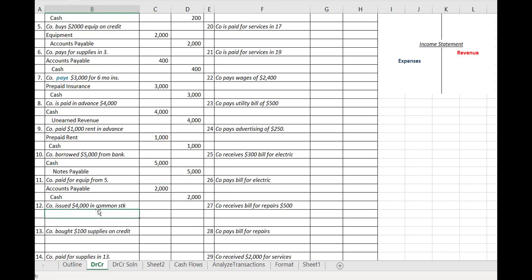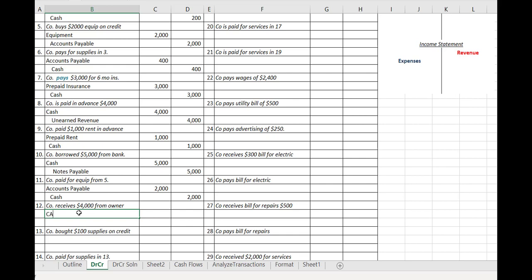And now we're going to issue $4,000 in common stock. Let's call that company receives $4,000 from owner. I think your sheet says that. And which way is cash going?